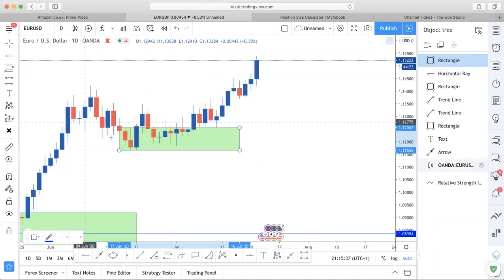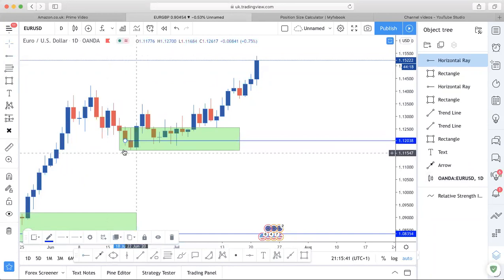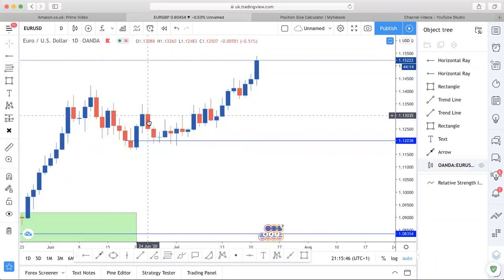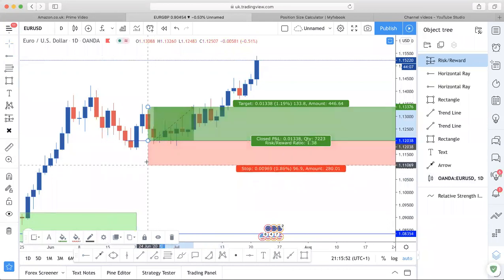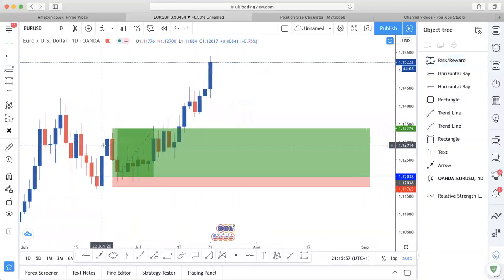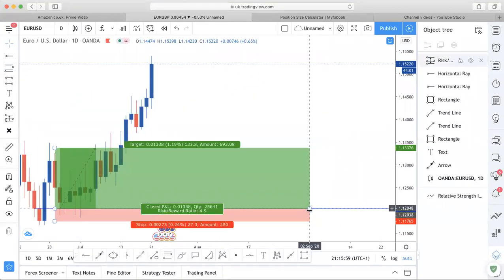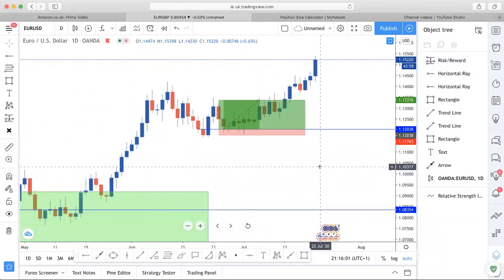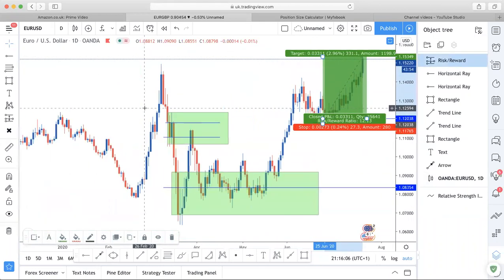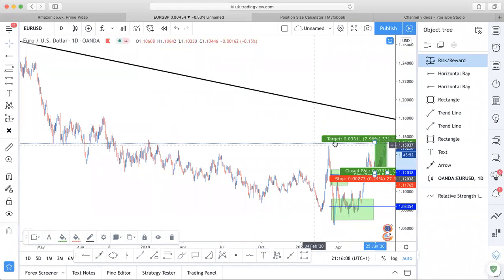Look at that. If I should take my entry right from here, same way, price went up, came back into that same candlestick, and what happened? I could have taken a position right here with my stop loss sitting right there, targeting higher highs.